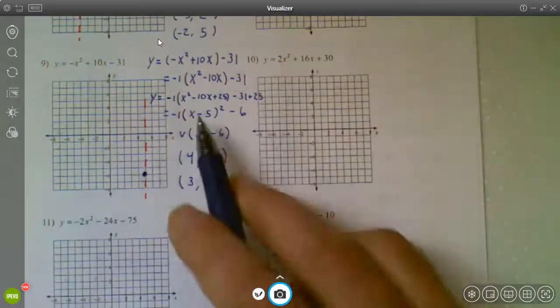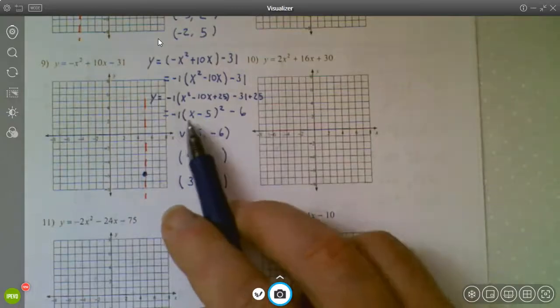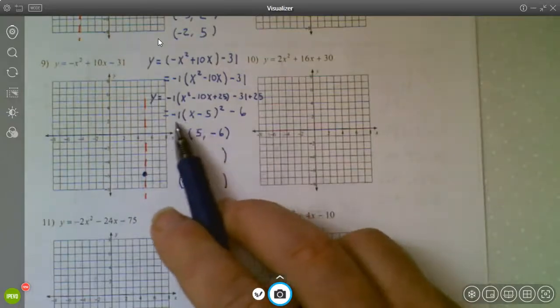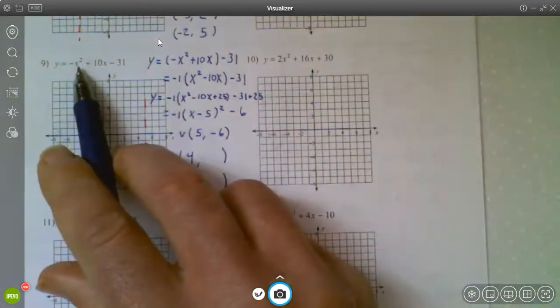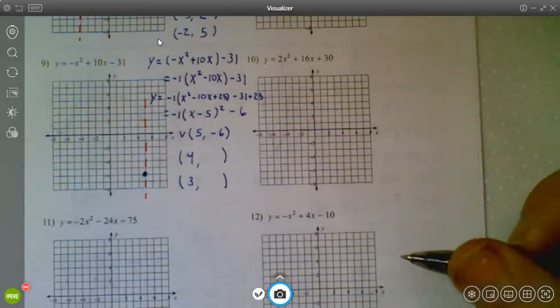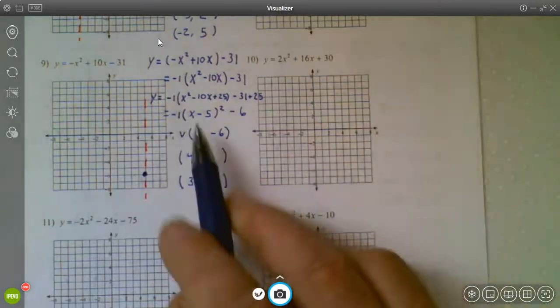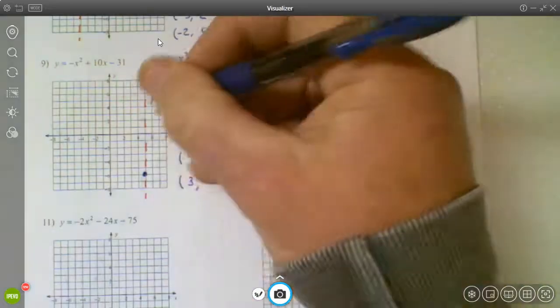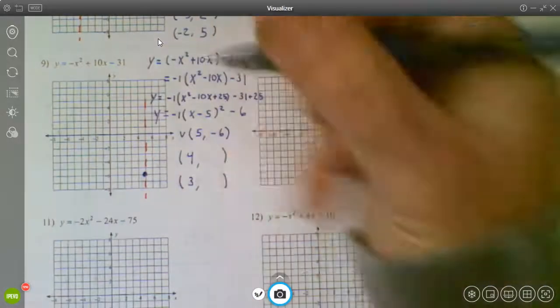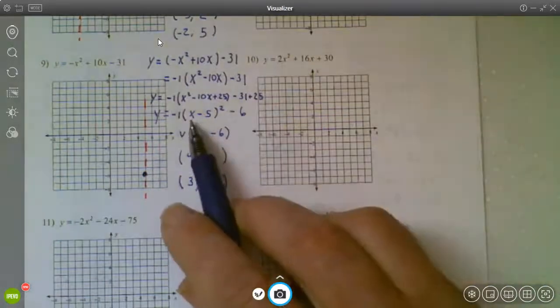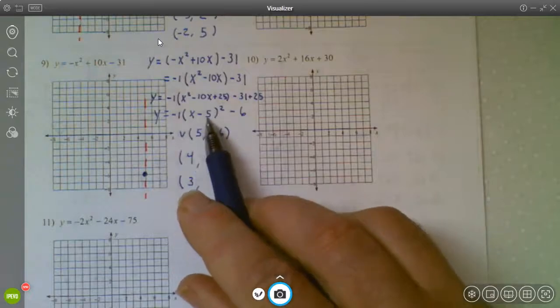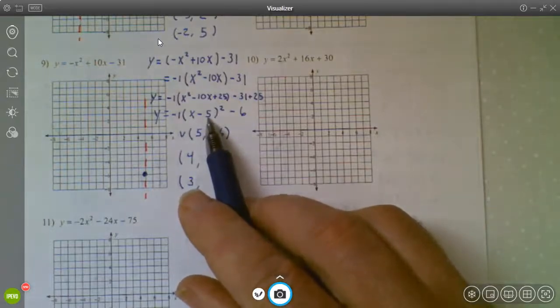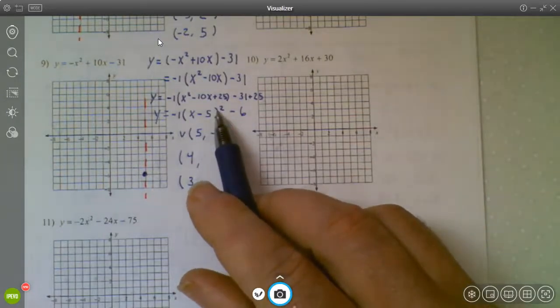So we're going to plug those in for x. So I'm going to work with my finished equation that looks like this. I could plug them in here as well. That would work and get me the same answers. But I'm going to work with the one that's in vertex form, which looks like this. So if I took my 4 and put it in for x, 4 minus 5 is negative 1. Negative 1 squared is positive 1.